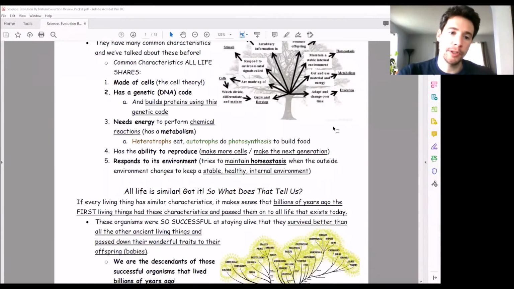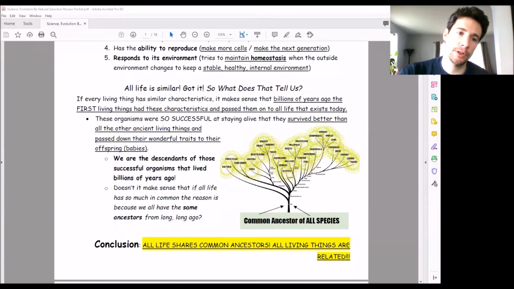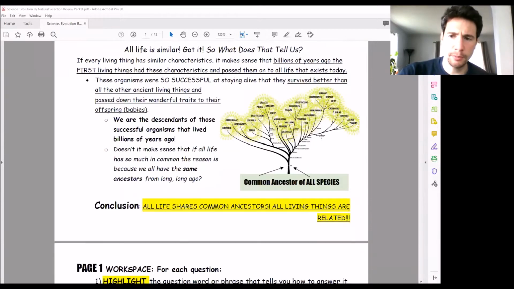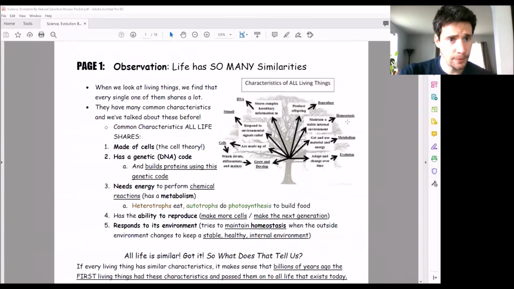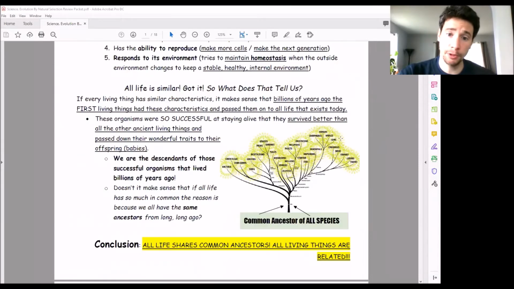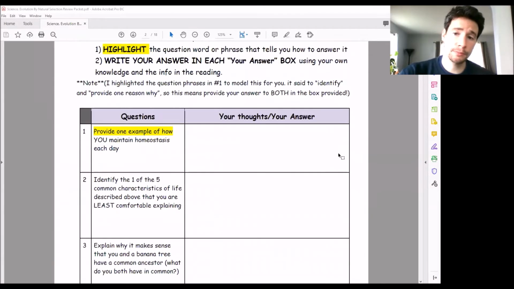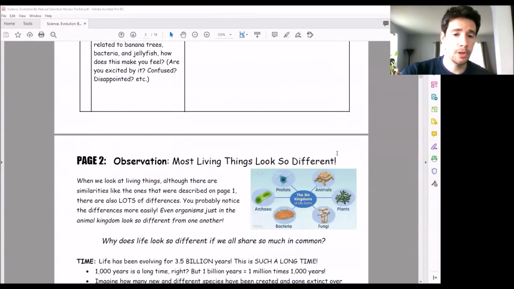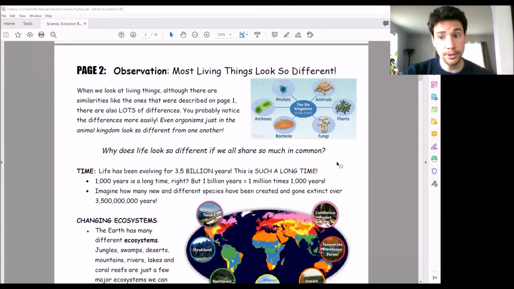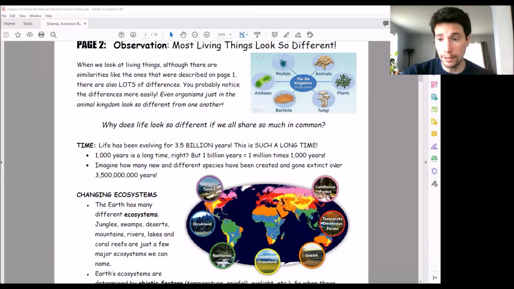I'm going to move down through this quick and give you a little basics about what you should have understood, right? That all life is very similar. We all share a lot of common traits. And then page 2 talked about how, although there are similarities, life is very different from one another.